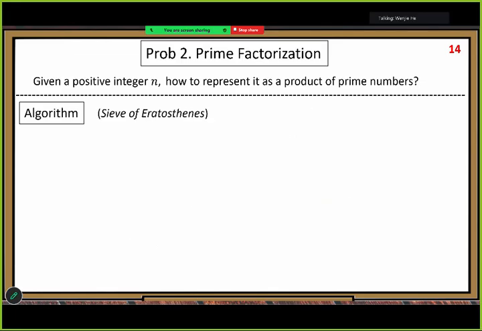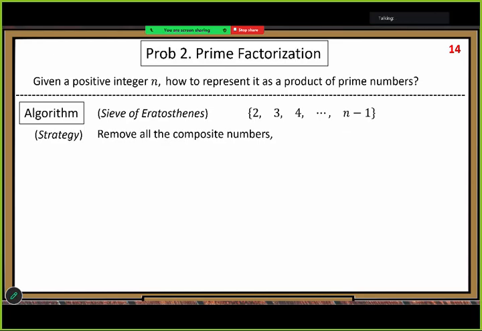Sieve of Eratosthenes. The ancient Greek people worked on a table on sand, on the ground. They needed to organize the data.